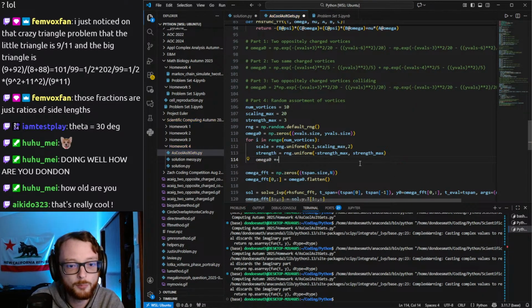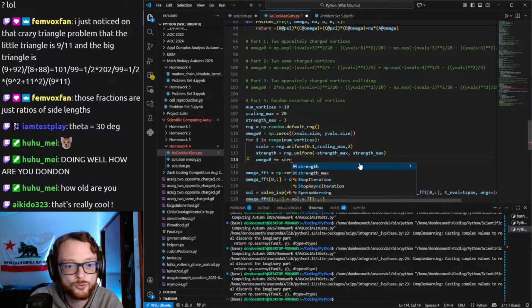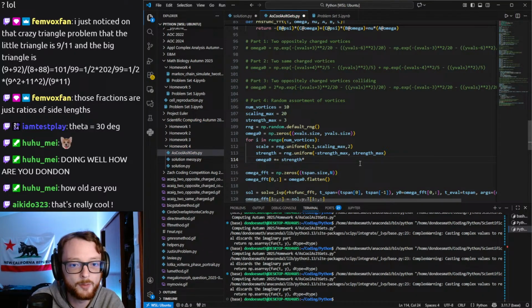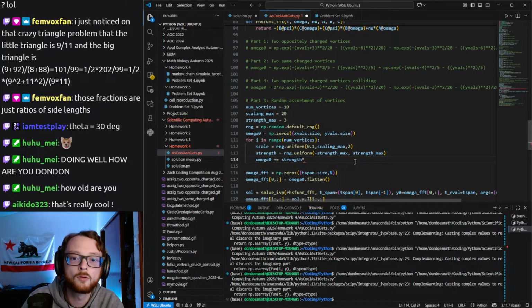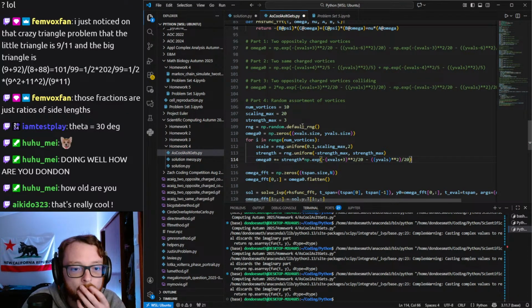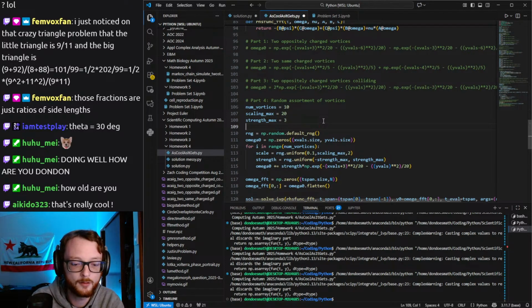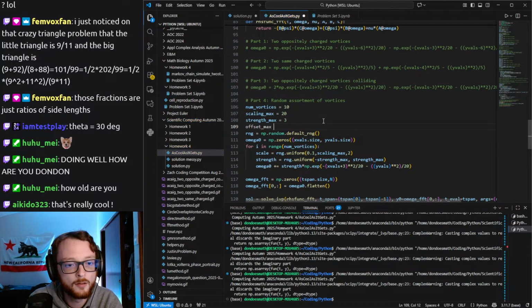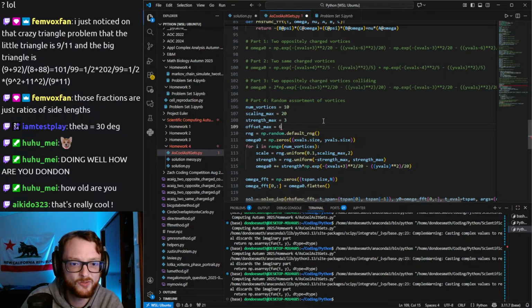Omega 0 plus equal strength times... we need an offset too. Let's say 6, I don't know.